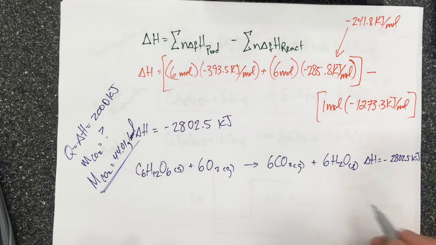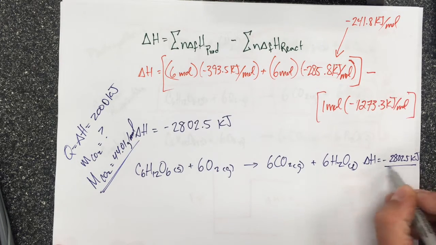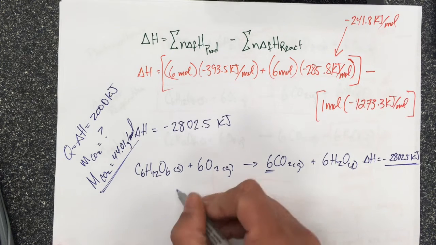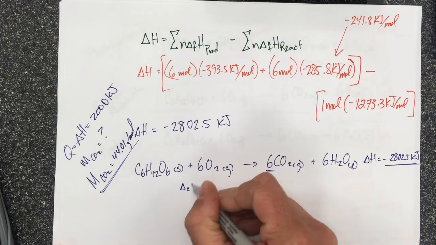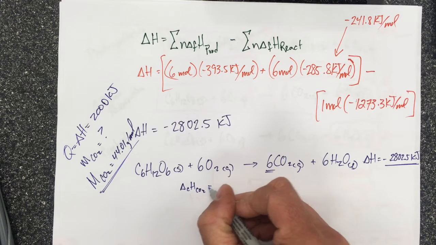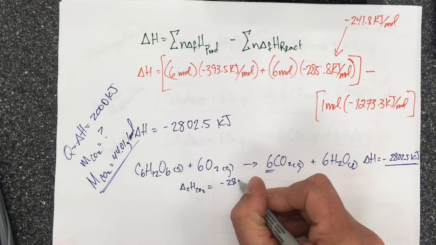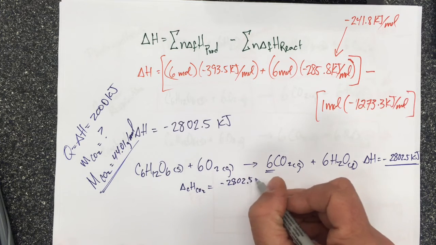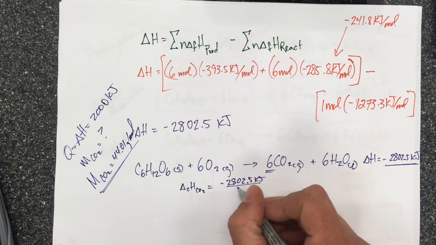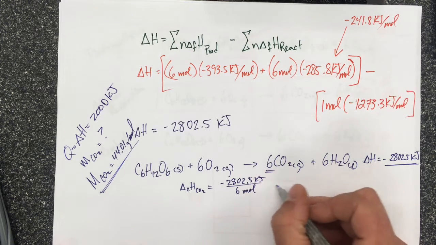Now, the key here, though, is you've got an energy for 6 mole of carbon dioxide. So the enthalpy of combustion that we get is going to be negative 2,802.5 kilojoules, but that's for 6 mole of carbon dioxide.